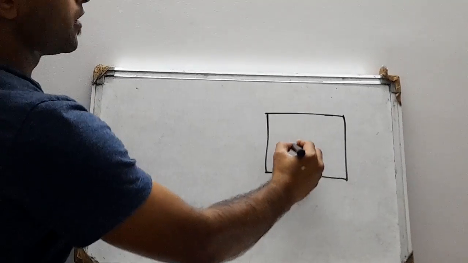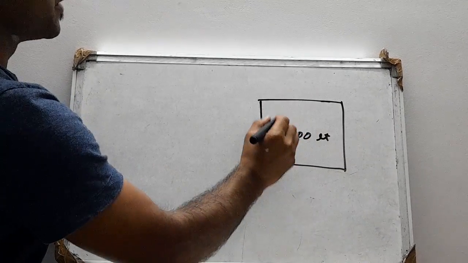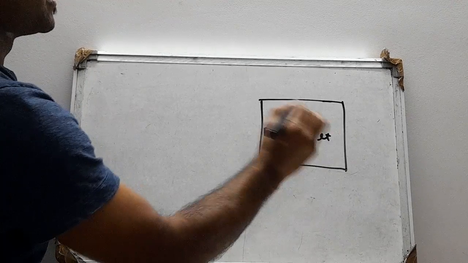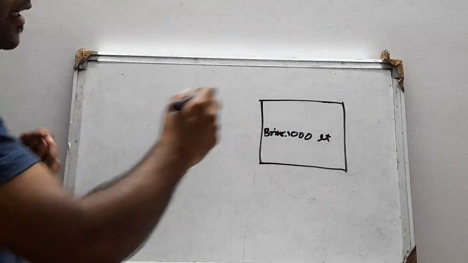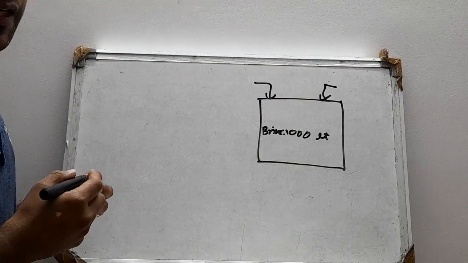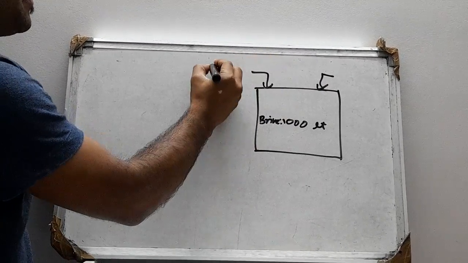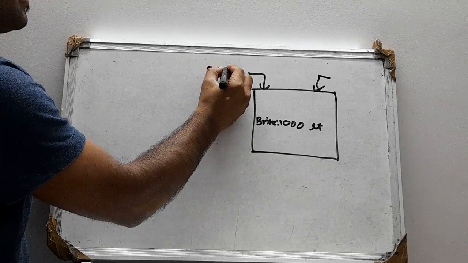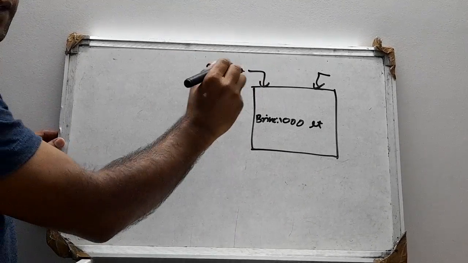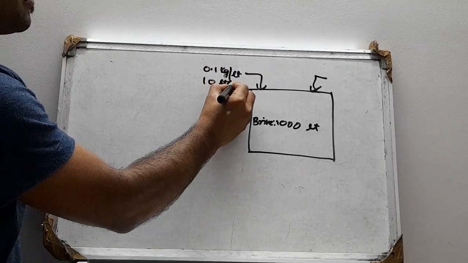So there is a tank, its volume is 1000 liters, it can be more, but initially it contains 1000 liters of brine, and there are two pipes connected to it. From one pipe the brine is coming that contains salt of 0.1 kg per liter, and the flow rate is 10 liters per minute.